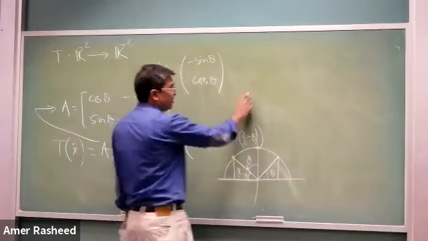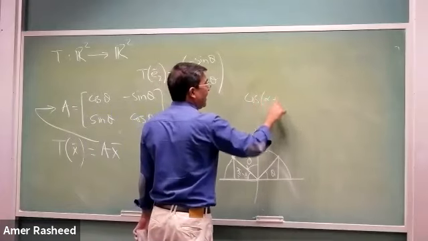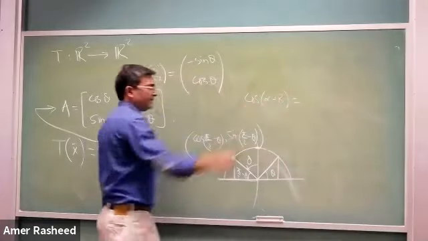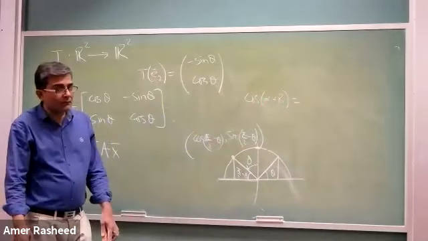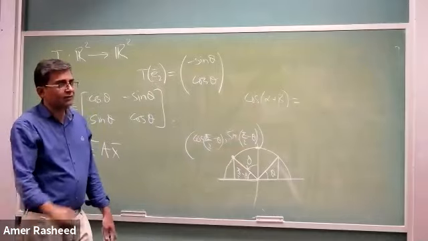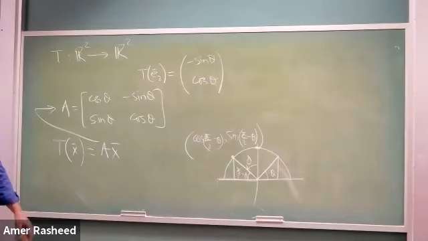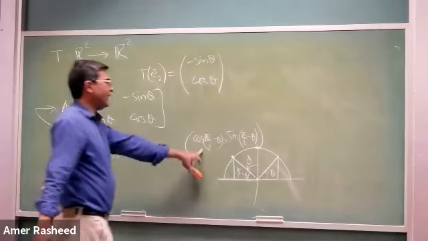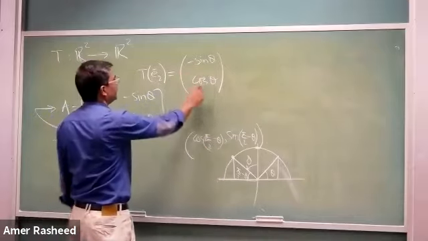If you expand it, you know cos of alpha plus beta. I hope. What is this? I think I've forgotten. I will have to revise it all. Cos of A, cos of B minus sine of A, sine of B. You can revise and remind that property and apply it here. You'll definitely get minus sine theta, cos theta.